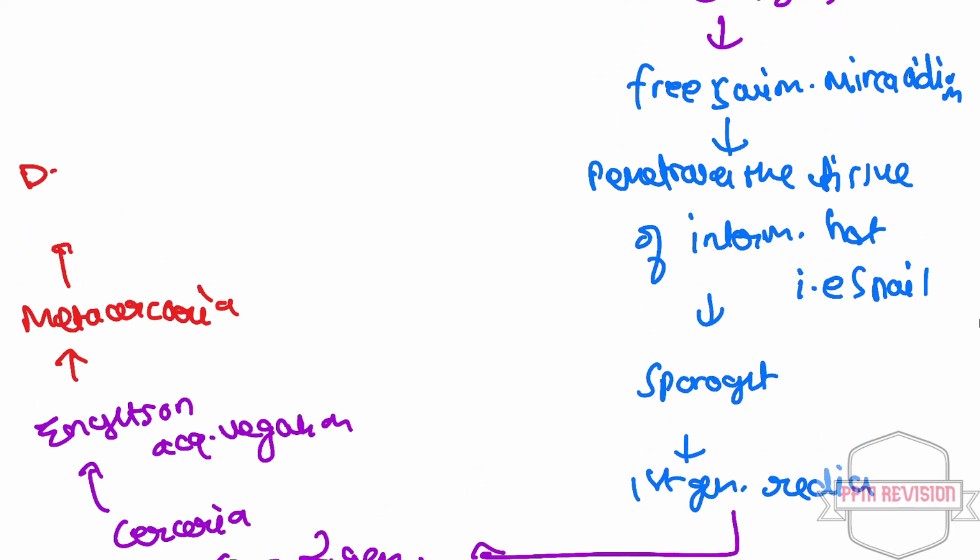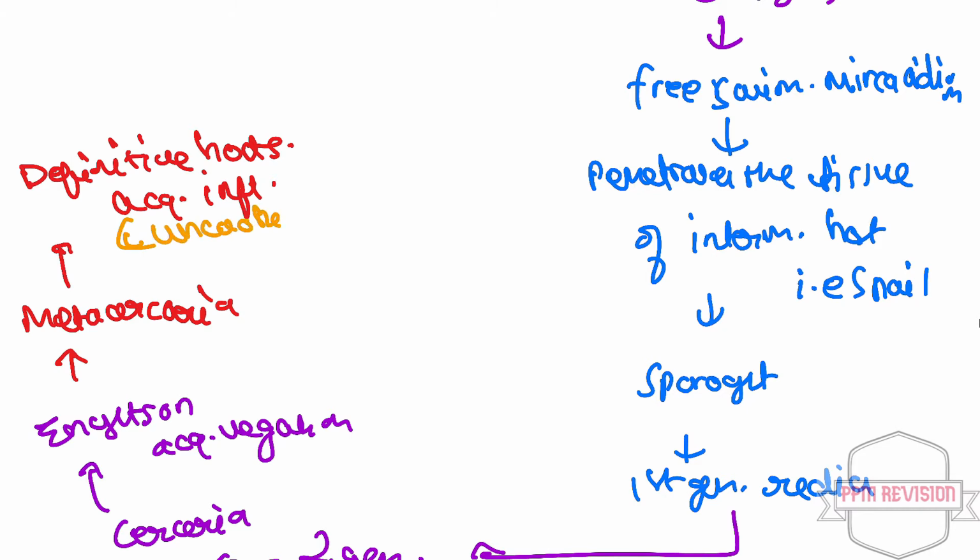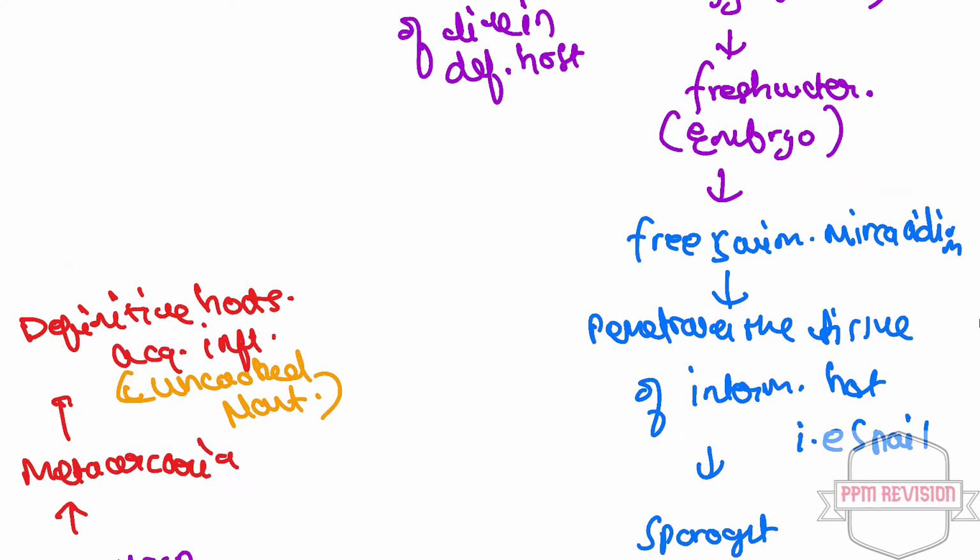The definitive host acquires the infection. This is mainly due to uncooked plants. Then the metacercariae excyst in the duodenum.